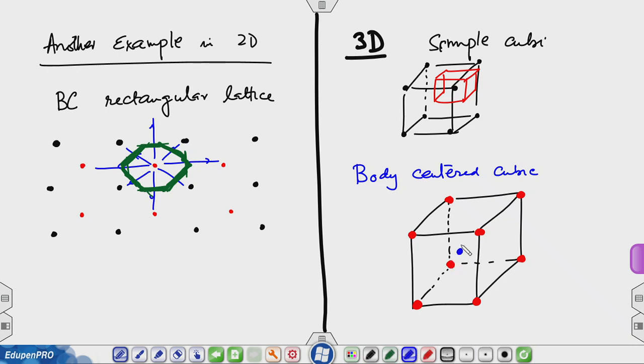Then I have these lattice vectors from here to all these corner atoms and also to the next cell. And I am going to make the perpendicular bisector planes here. So, let me erase these lattice vectors which I have shown. Keep in mind that it is these lattice vectors whose bisectors I am now going to make.